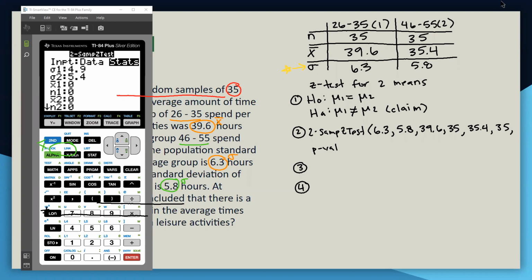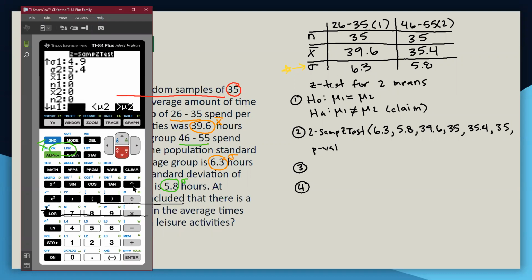I believe the last prompt is going to ask us for our tail. You'll notice that having that information organized in a table makes it easier to pull into this function, because 2-sample tests are going to require more information. So let's go ahead and type all of that into our calculator really quick and then get our test value.